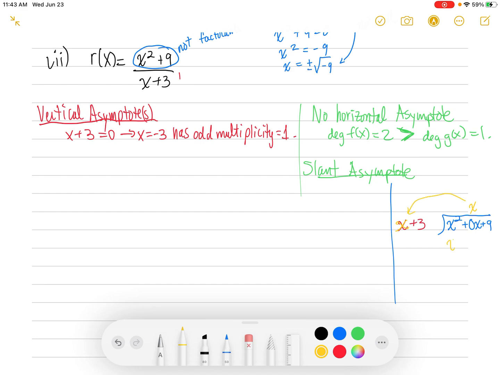Well, x, and I'll write my x here up top of the box. In the x column, I'm going to take x times x and get x squared. I'm going to take x times 3 and get positive 3x. I'm going to subtract the blues from the yellows, and I will get x squared minus x squared cancels out, and I'm going to get 0x minus the 3x gives me a minus 3x.